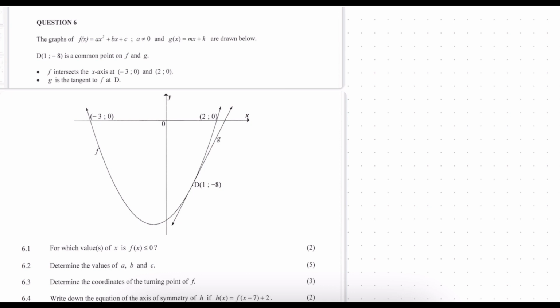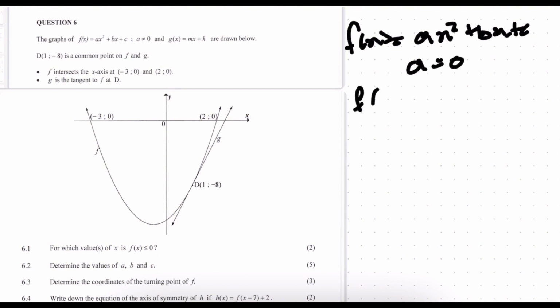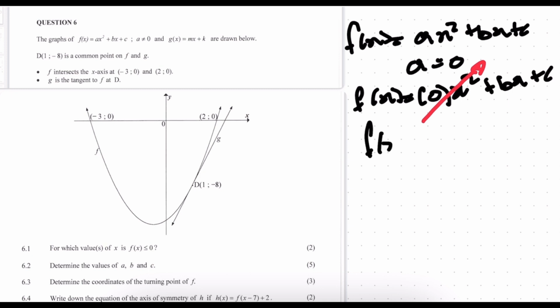Because if your a is equal to 0, then f of x equals 0 x squared plus bx plus c. Are you noticing that this will literally fall away? Because anything times 0 is equal to 0. Therefore, your f of x will end up being equal to bx plus c.